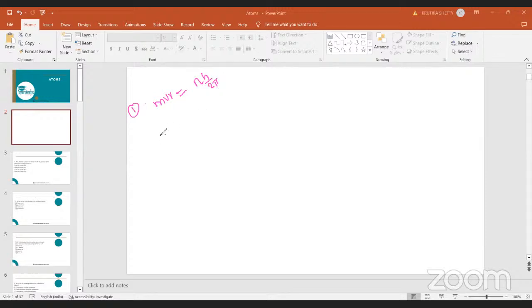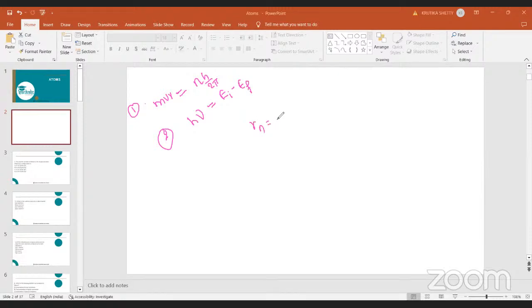Whatever electrons are there, they give a transition. During that, the energy released is given by h nu is equal to Ei, the initial energy, minus Ef, the final energy. Some of the important formulas, note them down.